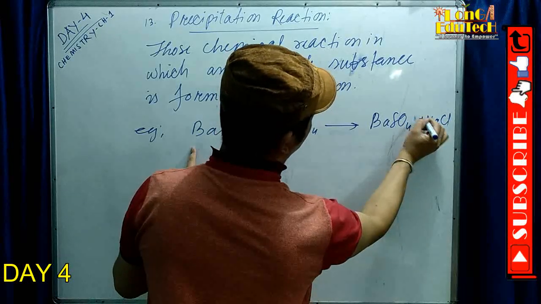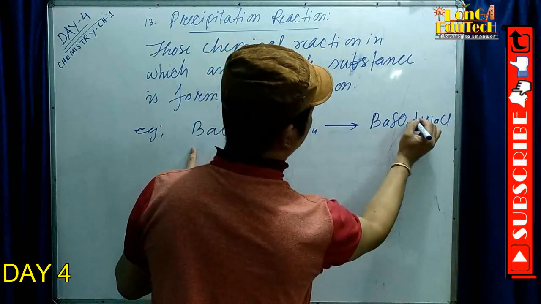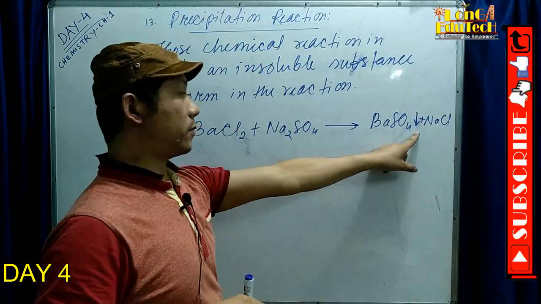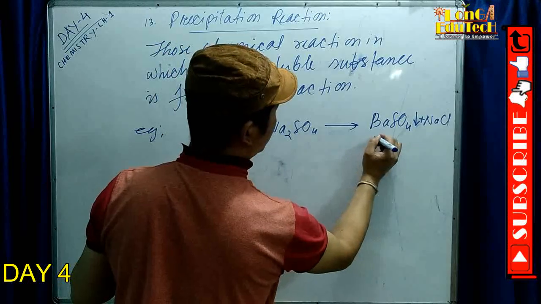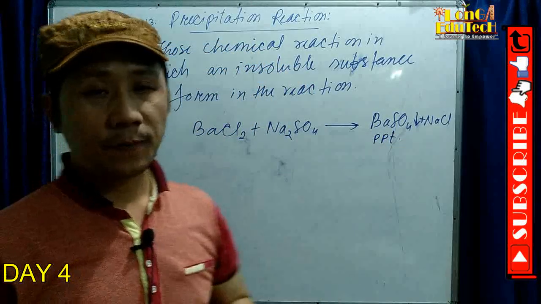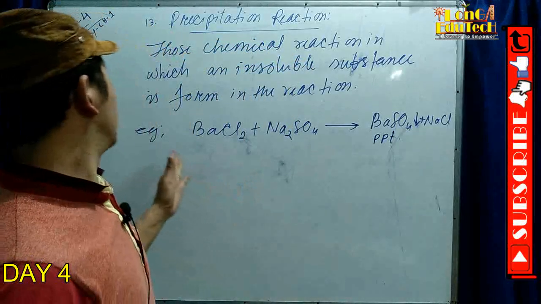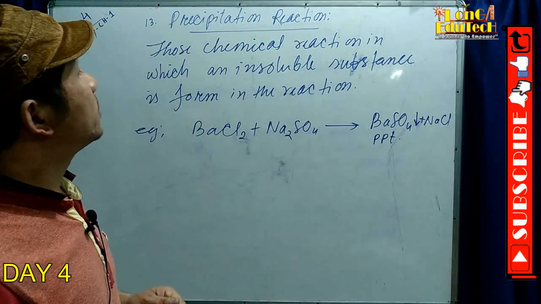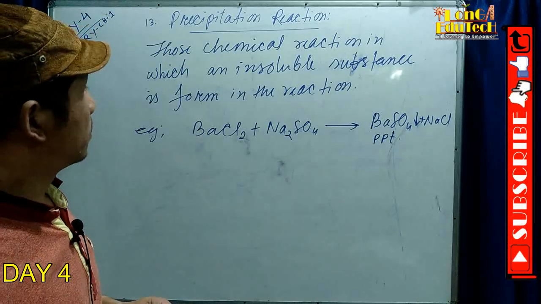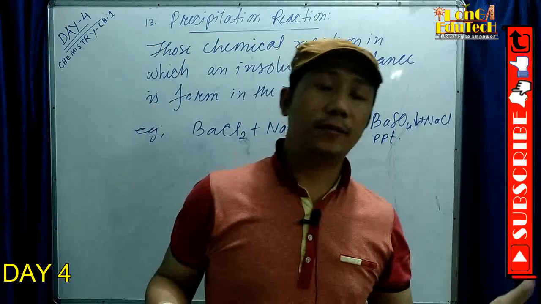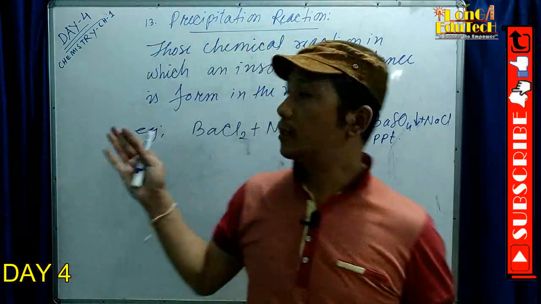Barium sulfate is the precipitate. Precipitate is denoted by an arrowhead pointing downwards, and also by PPT. Such types of chemical reactions are called precipitation reactions.